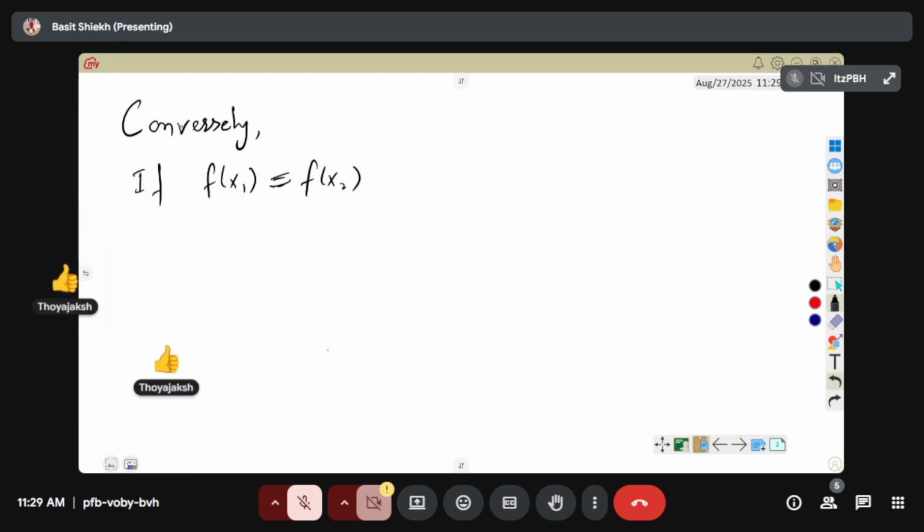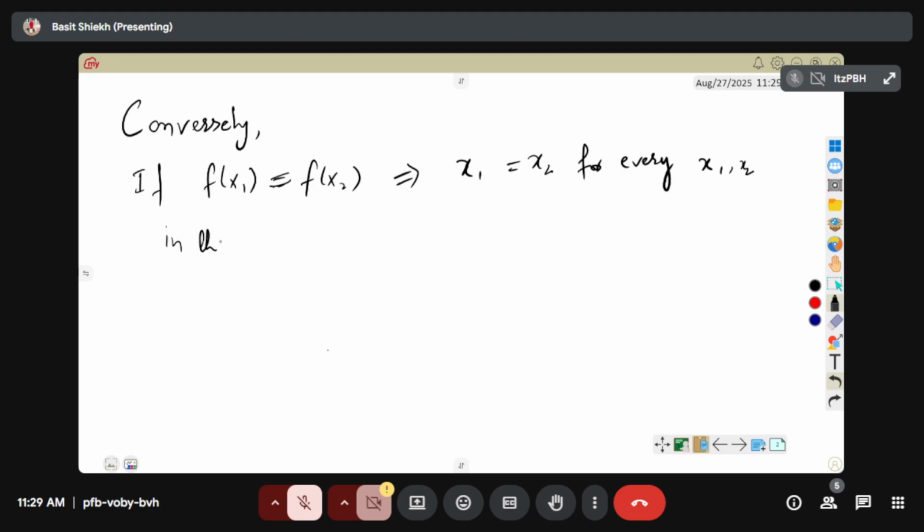Conversely, either we can use that or we can use this. If f of x1 equals f of x2 implies x1 equals x2 for every x1, x2 in the domain, then f is one-one. Else many-one.